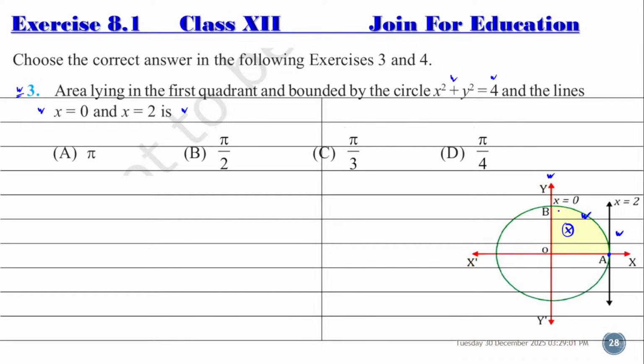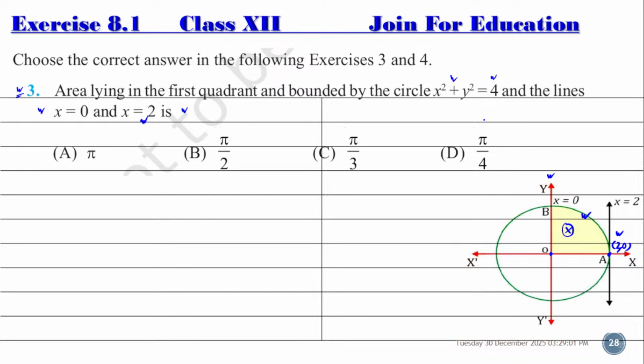So the x changes here 0 to 2. The coordinate of this point is 2. When x equal to 2, then here y will be what? 0. X equal to 2, then y equal to 0. The coordinate of A is 2, 0.